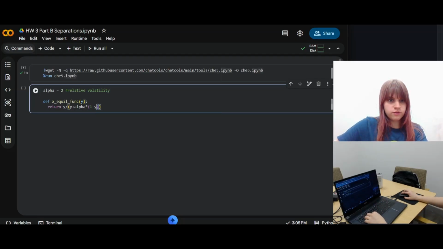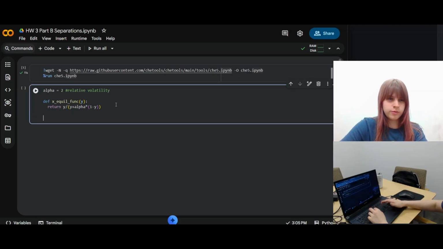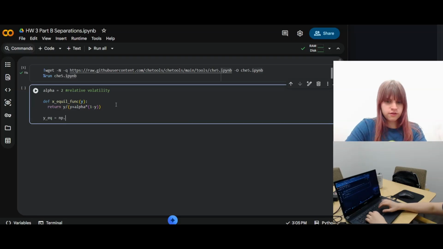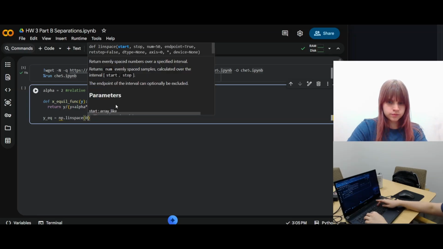This 1 minus y would be 1 minus y1, giving us our y2. So this is what we have already talked about before, so I won't go too in depth. And so this is going to give us our equally spaced points.